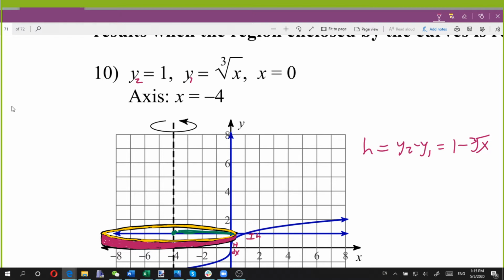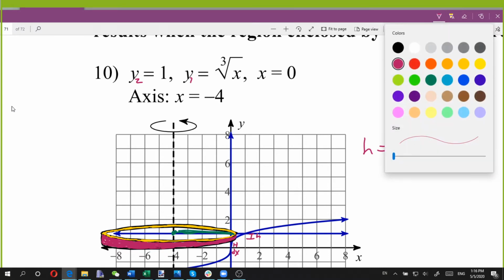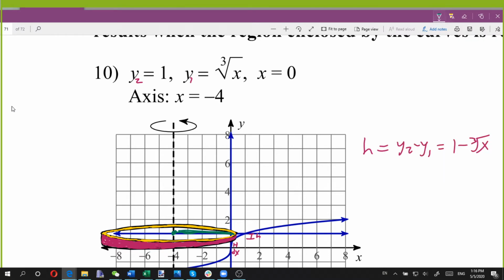Down to Kelly next. Kelly, what is the radius here in green? X plus 4. Okay, x plus 4. Our radius is always our rightmost x value minus leftmost x value.